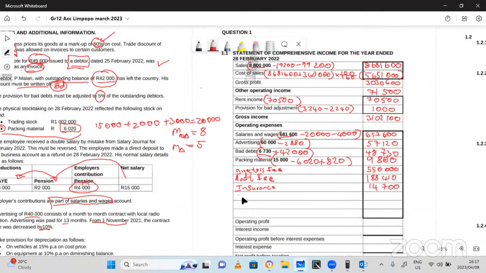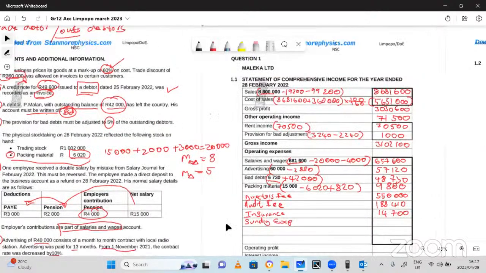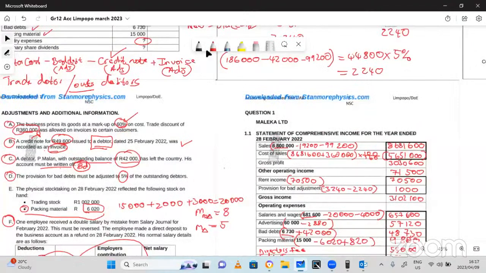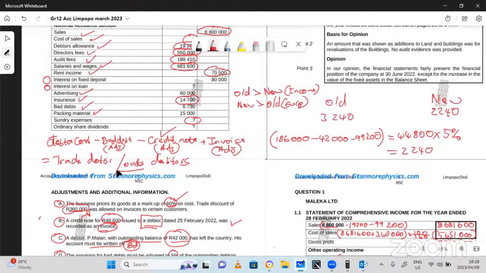So we write our sundry expenses there. Then again, we check for another expense. We are halfway done with the sundry for now. Ordinary share dividends, there is no entry.